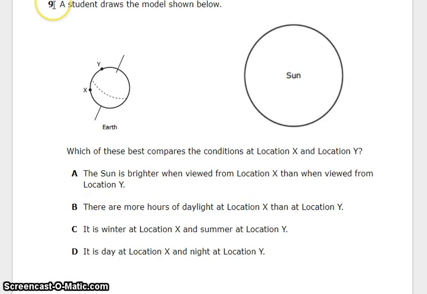Number 9. A student draws the model shown below. You have the Earth with Y and X, and the Sun. Which of these best compares the conditions at location X and location Y?